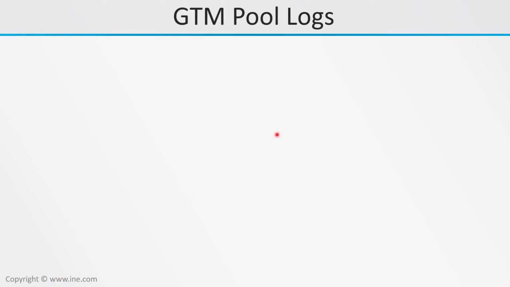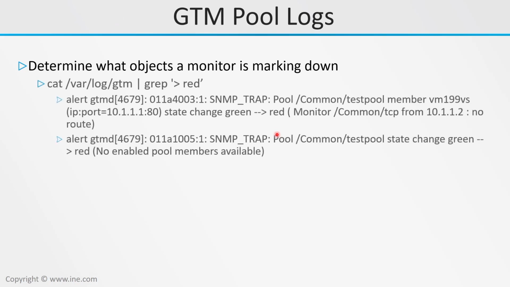Okay, and here are some helpful commands to filter on the /var/log/gtm. In this case, we're using a cat /var/log/gtm, and we're grepping for ">red", and this will show you any objects moving from a green to red state, so you can see what's happening a little easier if there's issues.